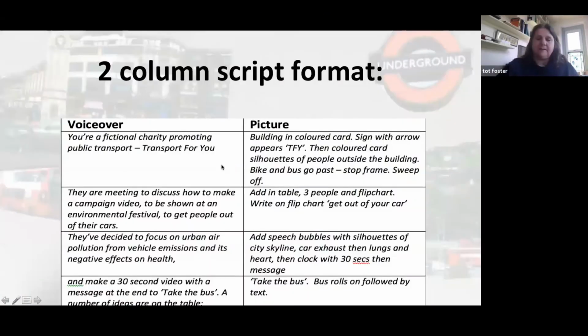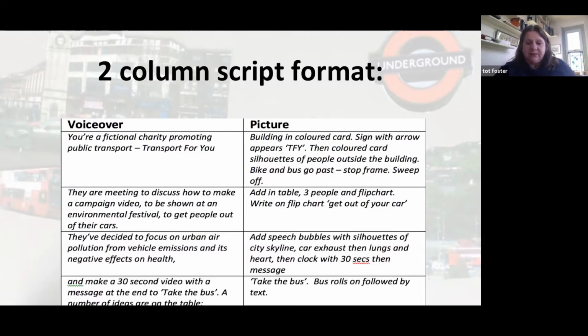So I'll just share my screen again. If you want to use this technique, a useful way to think through your ideas is to use this format, and there's an example here. I call it a 2-column script format, and basically you have what you hear on one side and what you see on the other.